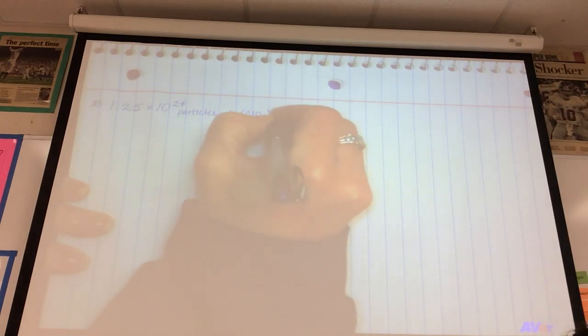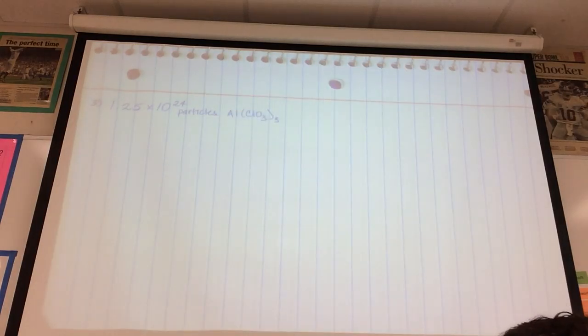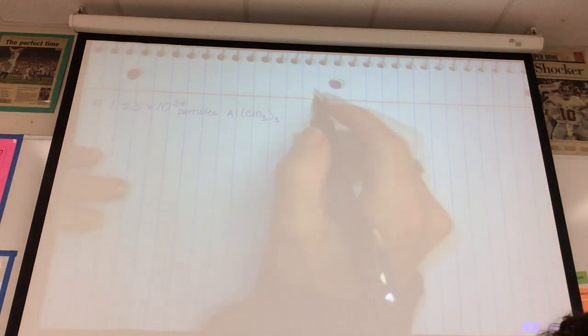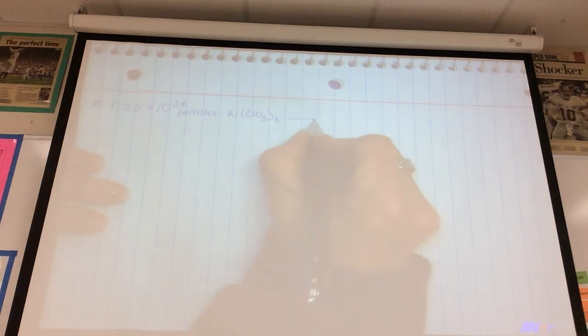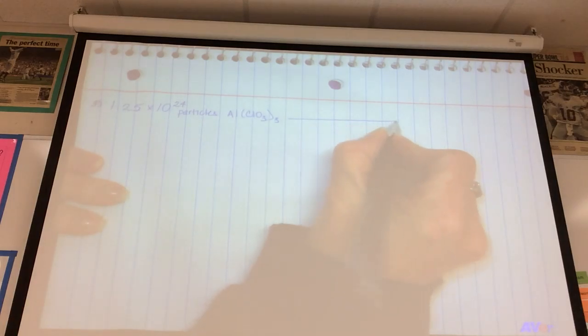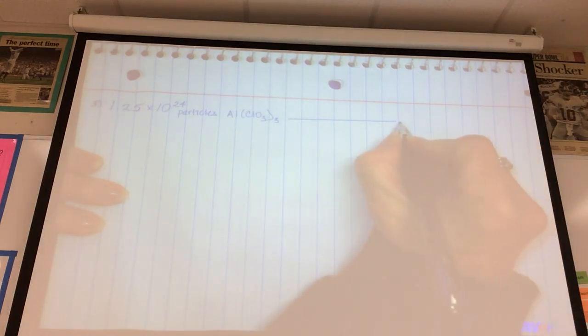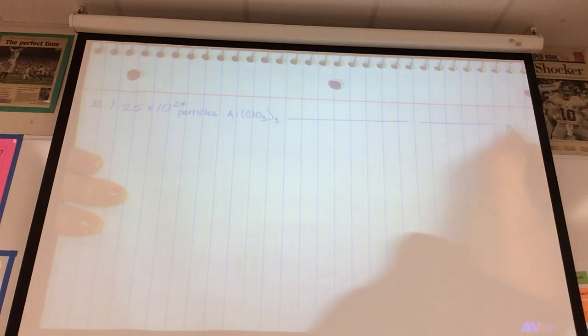And again, you must be able to formula write with ease. And you want to get to mass. Now, moles is neither given nor asked for, so it's got to be more than one step. And we want to get to the mass of aluminum chlorate.